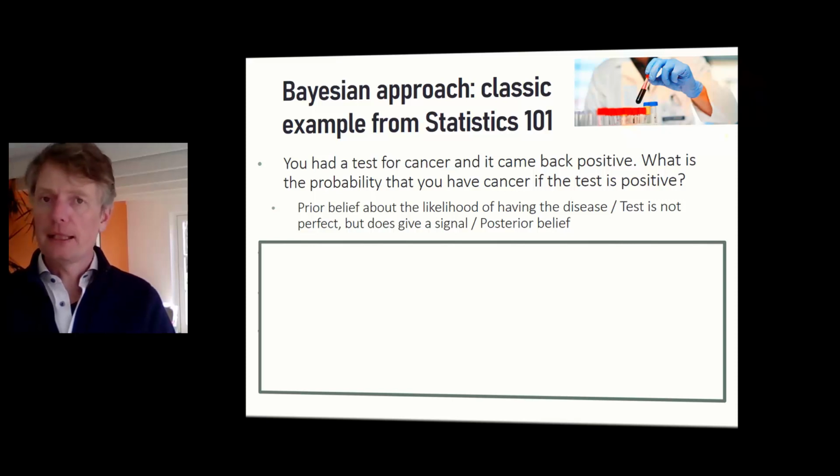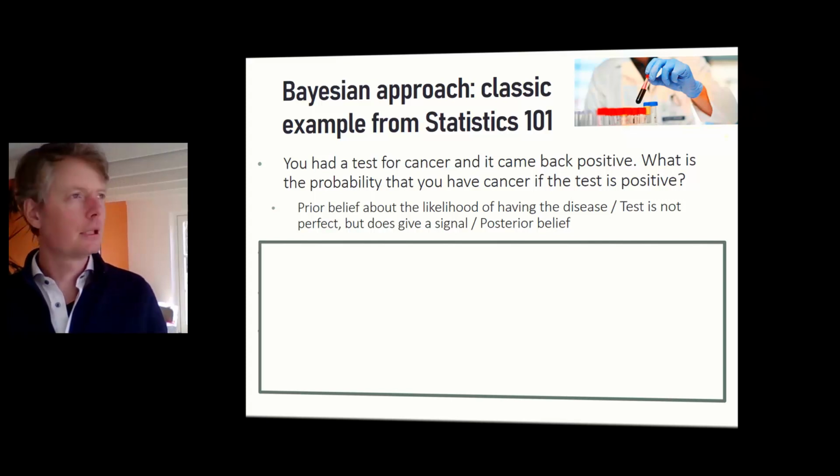What is then the probability that you actually have cancer, if you can still think straight after getting this surprising result? And again, this goes back to the earlier slide, that we don't just take the results of a test or results of an empirical study, but we look at what we learn here. How surprising is this? How much more certain can I now be that I actually have cancer or not?